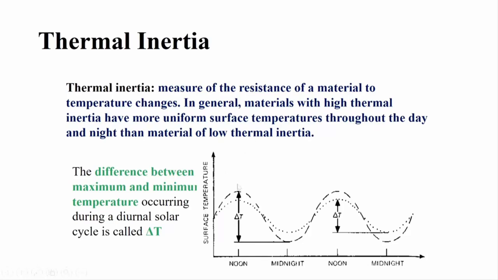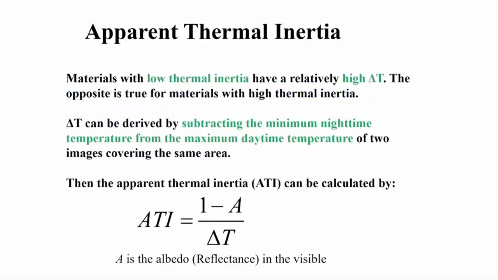For a particular pixel, the maximum temperature we get from the daytime imagery, and the minimum temperature we get from the nighttime imagery. So the temperature difference will be generated for each and every pixel, and that will be represented by delta T. The relation 1 minus A divided by delta T gives the apparent thermal inertia.